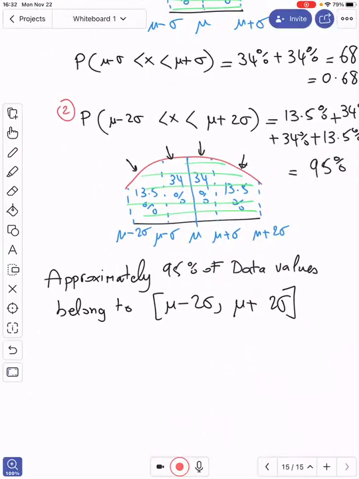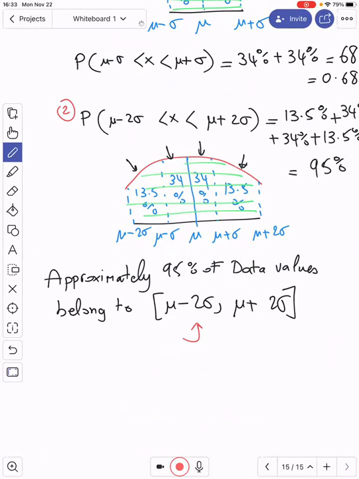Just a reminder, in Chebyshev's theorem, guys, I don't know if you remember, what was the smallest proportion of data that lies within 2 standard deviations from the mean? Remember, it was 75%, right?